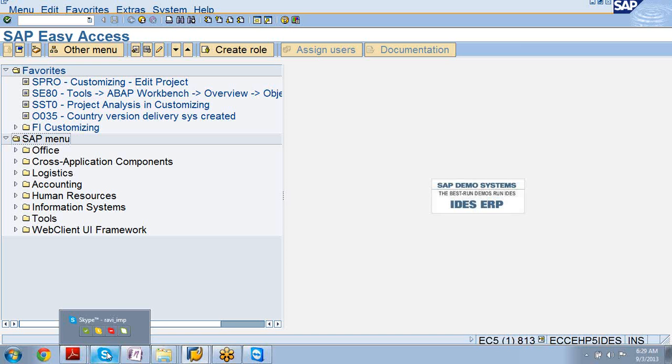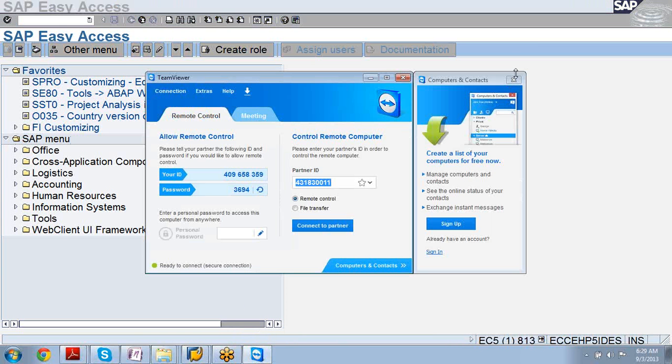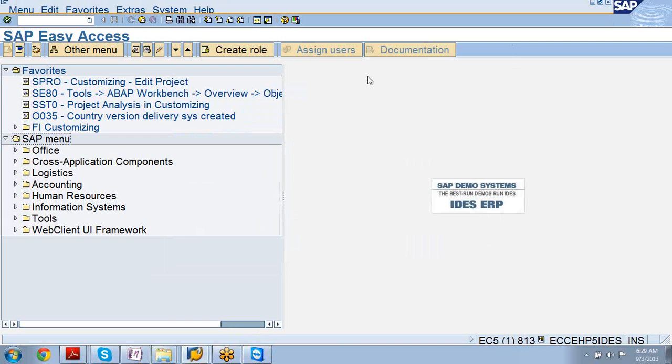Shiva, did you start the TeamViewer? I did not see. Can you see my screen? It has to tell me that you have started. No, you're not yet there. Yeah, tell me.